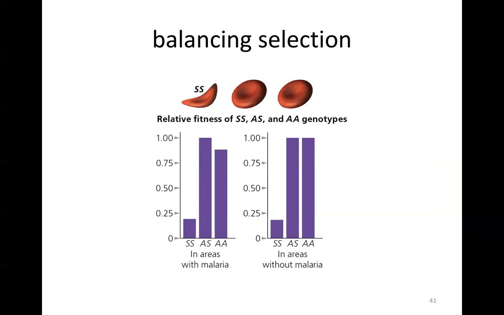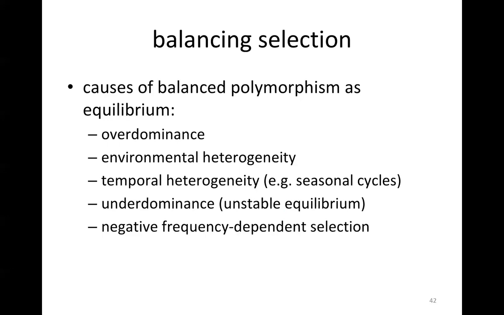Anyway, Plasmodium. Plasmodium growth inside heterozygote red blood cells is more difficult, and that protects them against malaria, but they don't show the sickle cell phenotype, which gives them relatively high fitness.